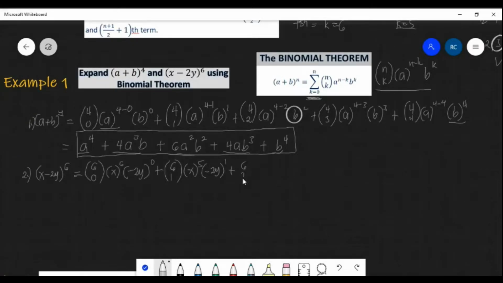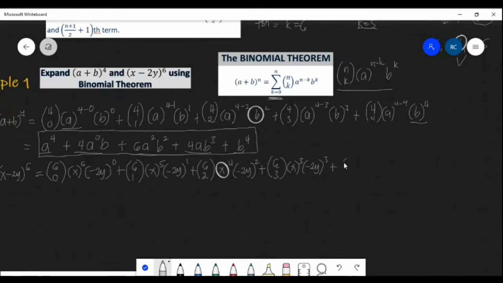Plus 6 combined 2 times x raised to 4, 6 minus 2 is 4, times negative 2y raised to 2. Plus 6 combined 3 times x raised to 3. Remember, 6 minus 3 is 3, times negative 2y raised to 3.